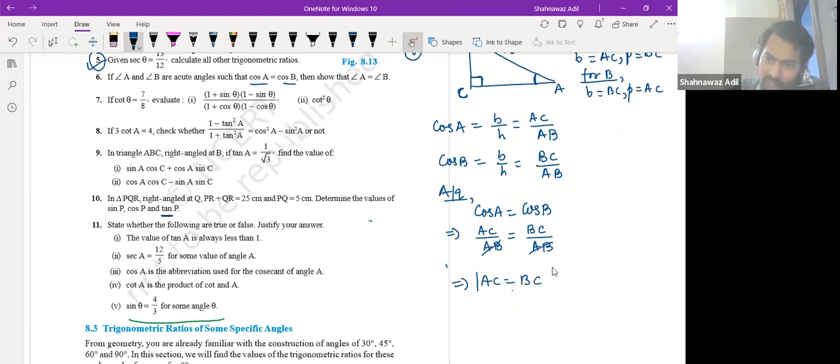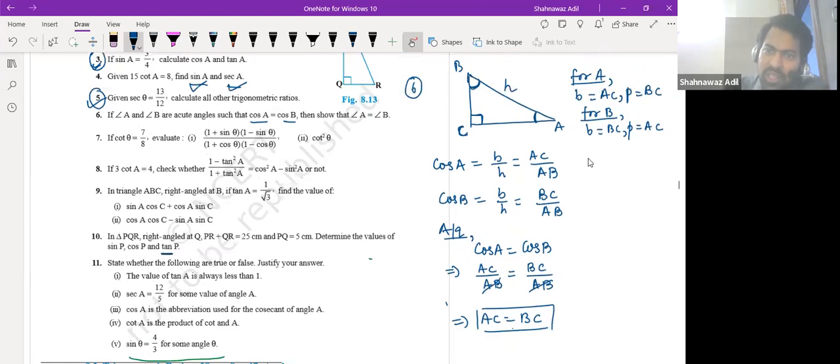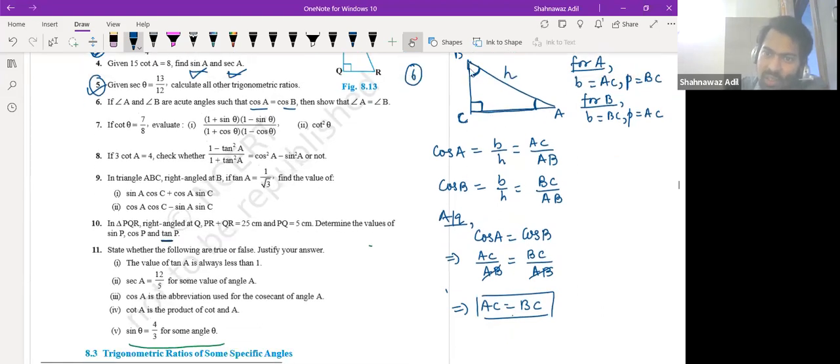So what kind of triangle is this? We have an acute triangle in which these two sides are equal, BC equal to AC. In which triangle do you have two sides equal?